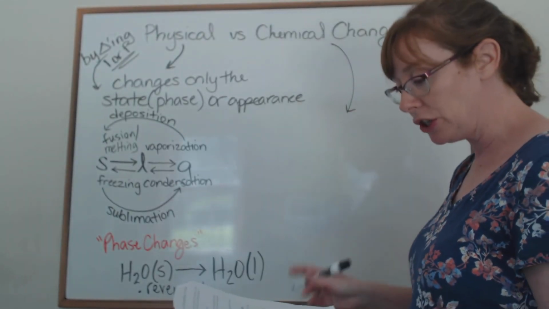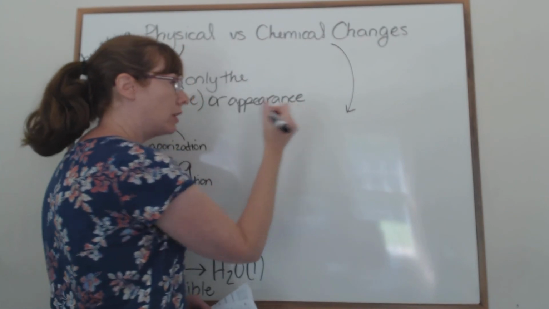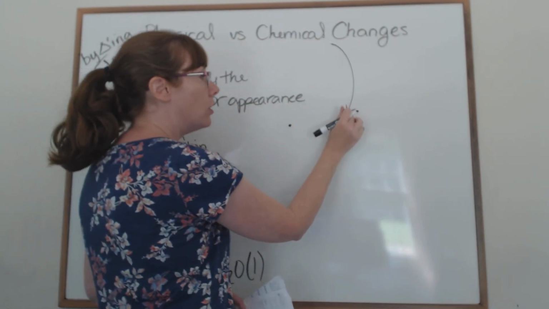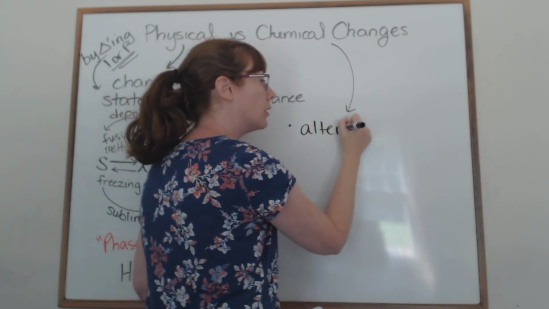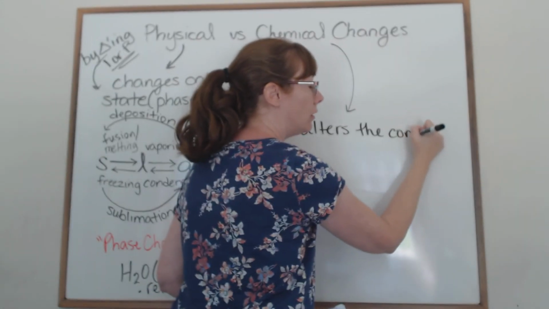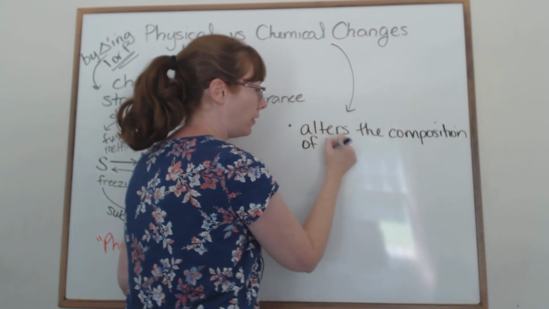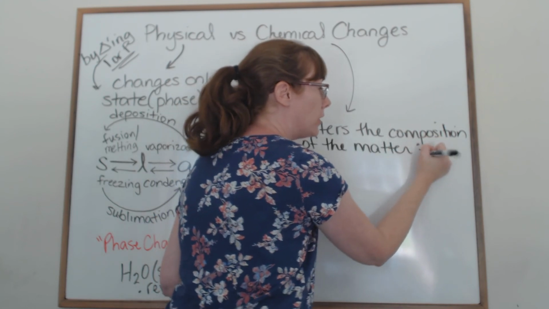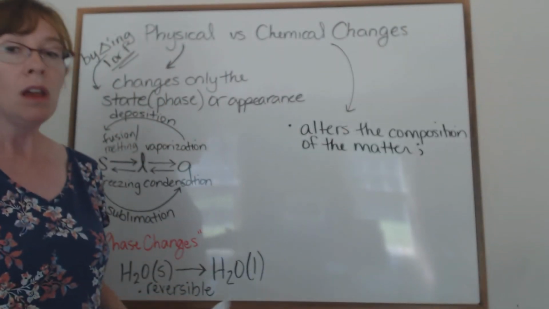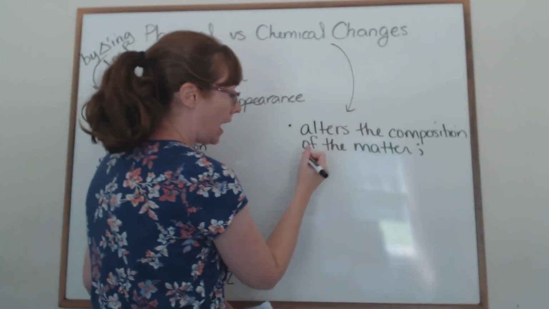So now let's come over to a chemical change here. When you have a chemical change, a chemical change alters the composition of the matter, whatever matter you're talking about. Let me go ahead and do a semicolon here. How does it alter what the matter is composed of? This is what happens.